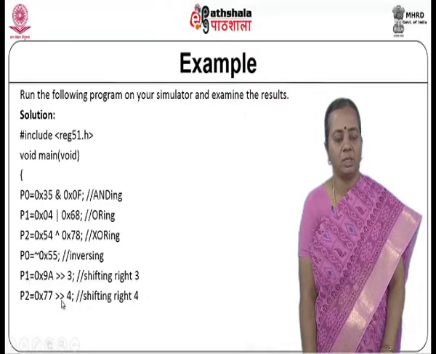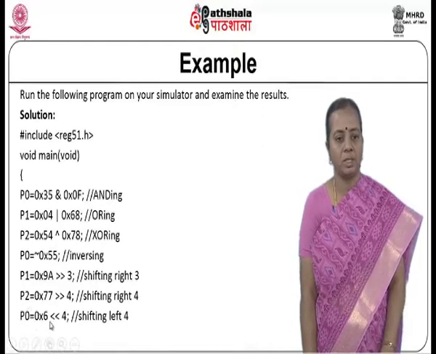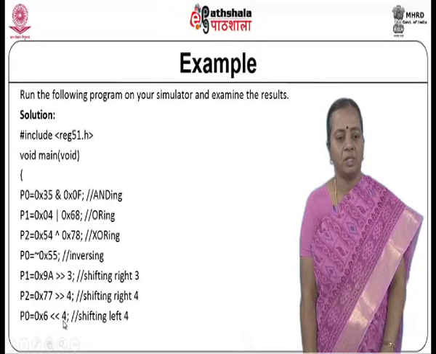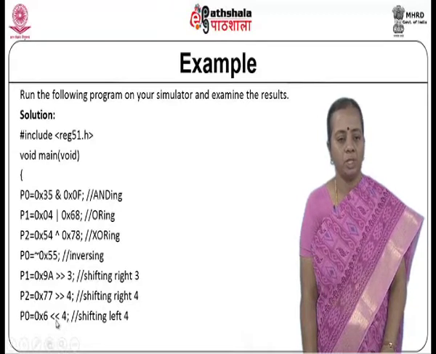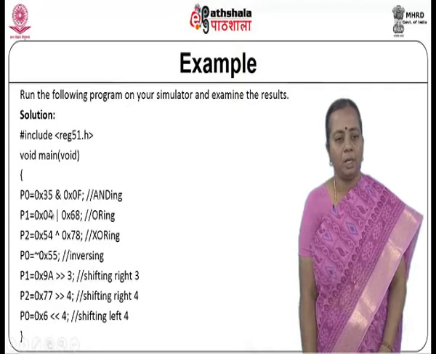This 77 is shifted right by 4 positions which will be given at your P2, and your 0x66 is shifted by 4 positions and this will be given at port 0. So, whatever we have seen in the previous examples has been implemented using these statements with your embedded C code.